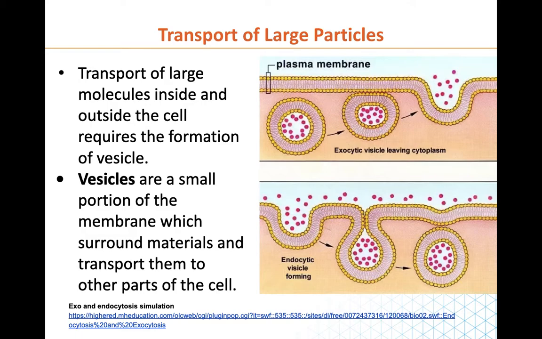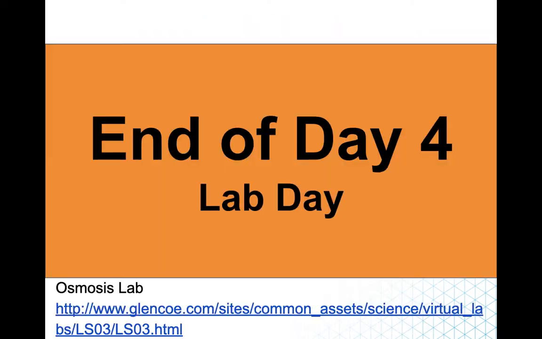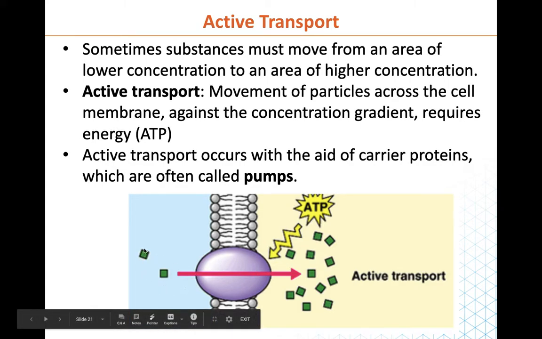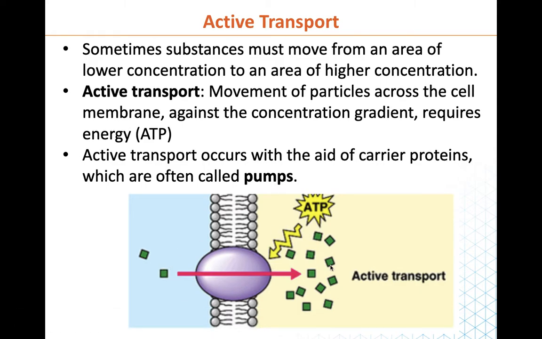Yesterday, we talked about active transport, so I'm just going to show you that picture again. In active transport, we do require energy because we are moving particles or molecules from an area where they are at a low concentration to an area where they're at a high concentration, which is not somewhere that molecules naturally want to go. This is a forced process, which means that it requires ATP.